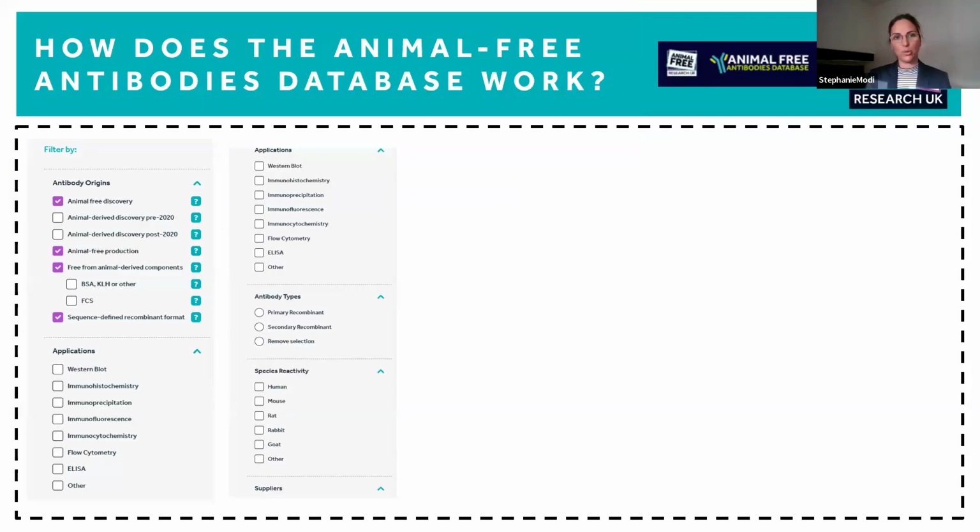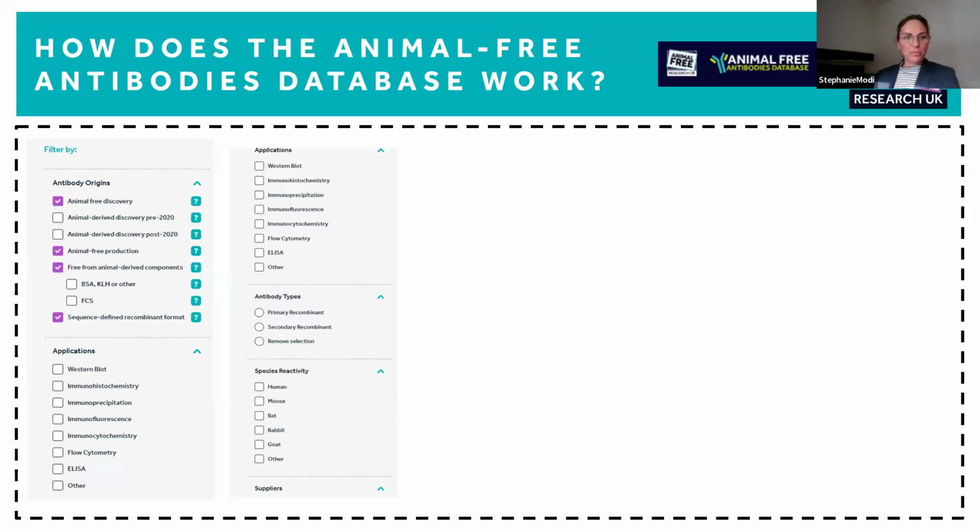So in terms of the actual database function, there are a number of ways that you can filter to find your antibody of interest. So I'll come back to antibody origins in a minute. You can filter by application, Western blot, ELISA, etc. You can filter by antibody type, species reactivity, or supplier.